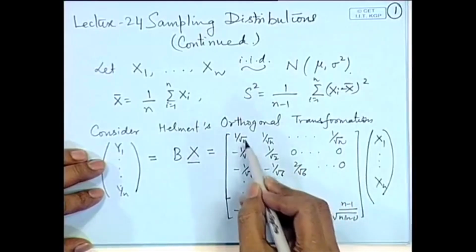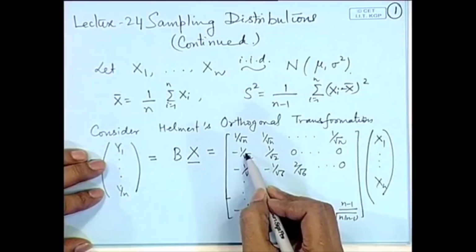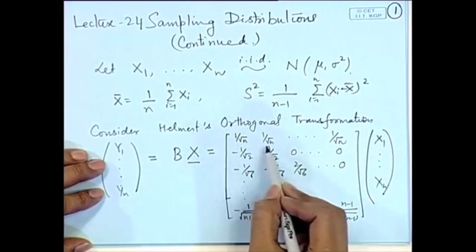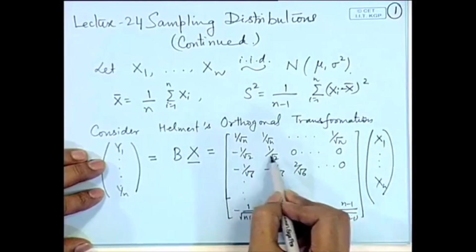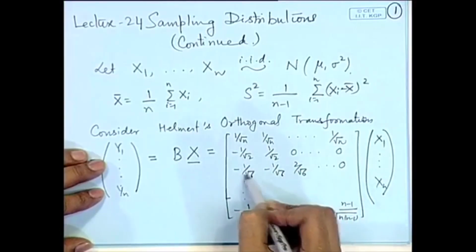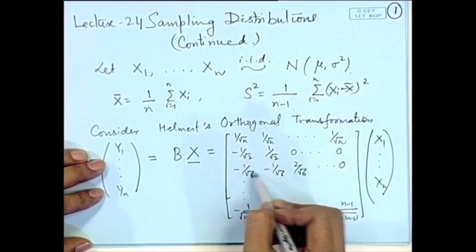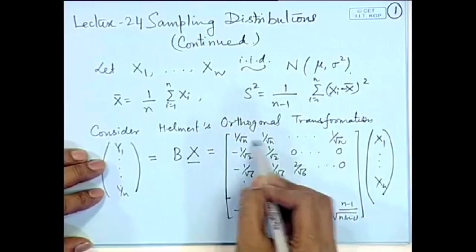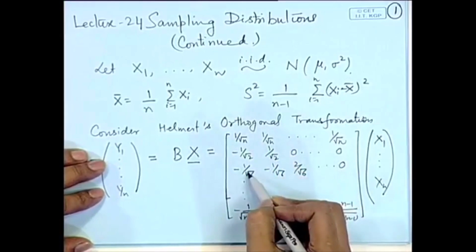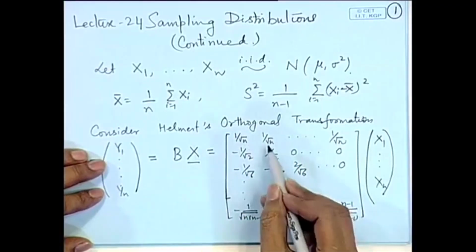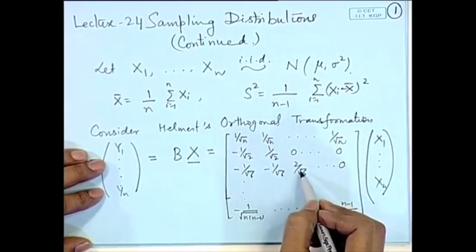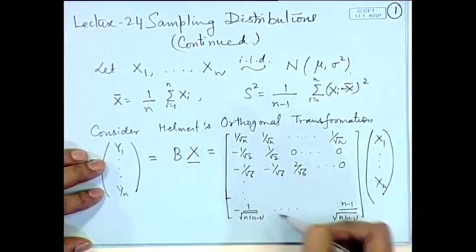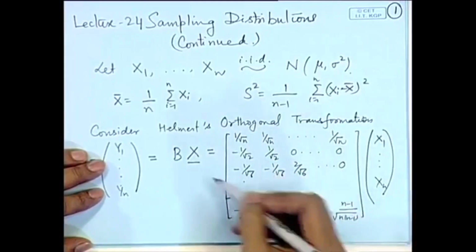For example, if I take the first and second rows, here it is minus 1 by root 2 and here it is plus 1 by root 2, so if I multiply, the sum will give me 0. Suppose I take the second with the third, again the same thing, because these two terms are the same, so if I multiply and add, this will become 0. Similarly, if I take these and multiply by the first row, then minus 1 by root 6n, minus 1 by root 6n, plus 2 by root 6n, so again the sum is equal to 0. So, this is a special matrix which is constructed for this purpose.